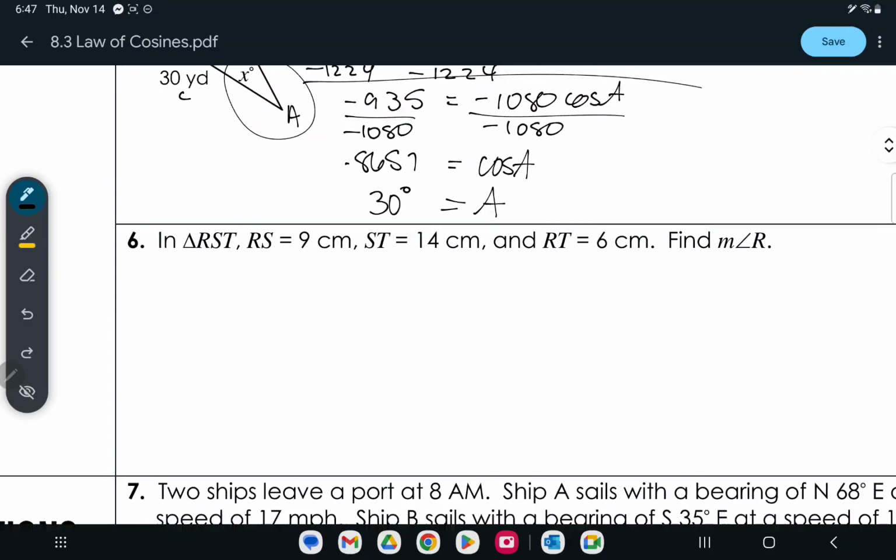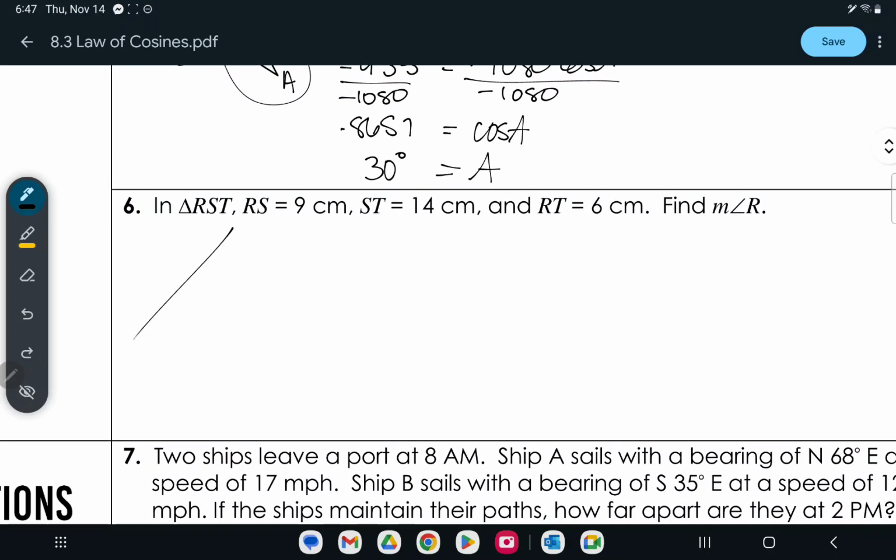All right, again, we might not have a picture, so I will draw one. RST. RS is 9, ST is 14, and RT is 6. Find the measure of angle R. So RST.